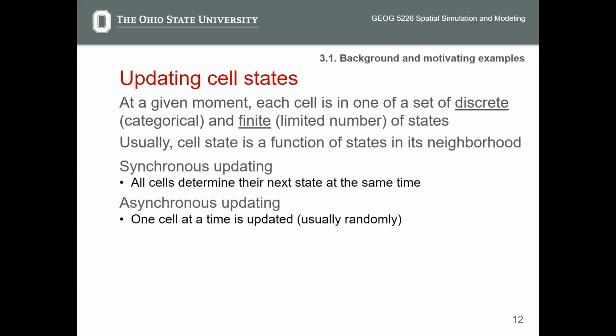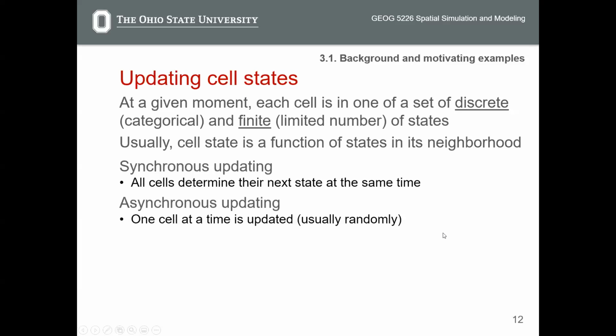And we have two types of updating. Synchronous updating: all cells determine their next state at the same time. Usually you can say before a tick or during a tick, but it doesn't matter. For that chessboard, all cells are going to determine their next state simultaneously. And there is another method called asynchronous updating: one cell at a time is updated.